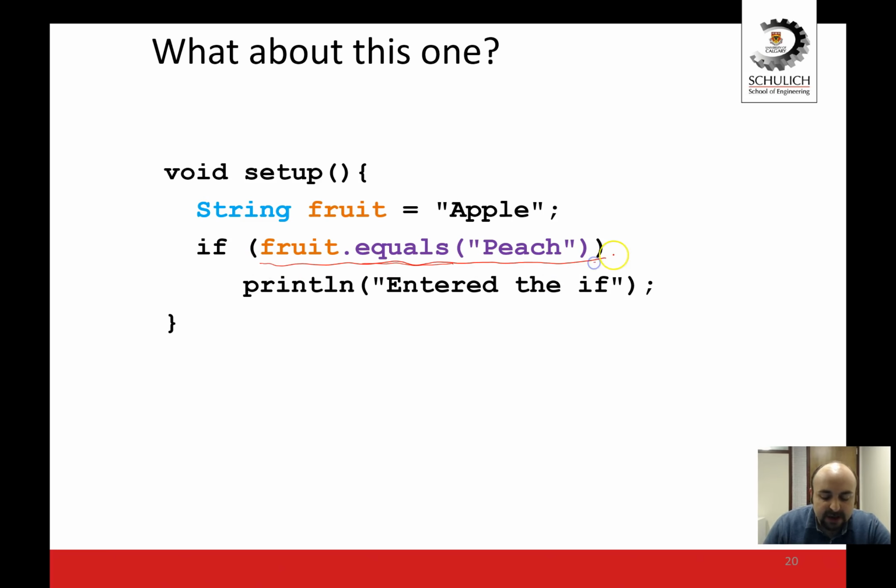Based on the string, it returns either true or false. So this is also a logical expression, and the result is going to be true or false. The dot equals takes your string, takes another string, and tells you if they're equal or not, right? It's as simple as that. Here again, we're not going to enter this if statement because they are not equal.